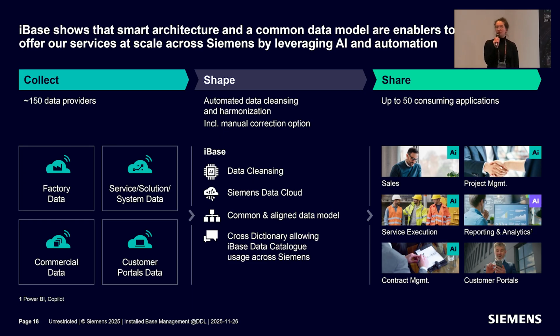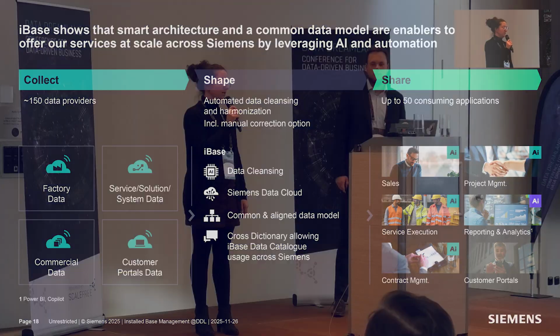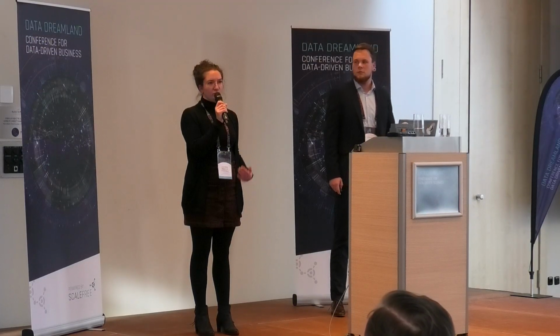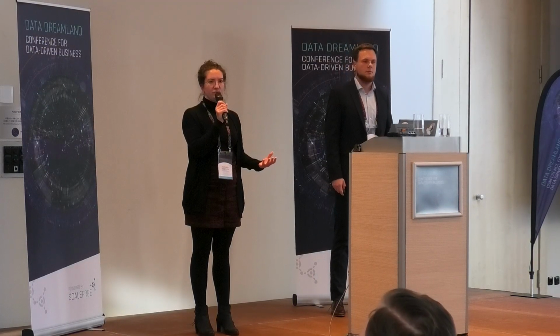At the end, we share that information with roughly 50 consuming applications from different data domains, from sales and service, where I think the benefits will be greatest, to project management and also reporting and analytics use cases. And of course, we also want to show the customer what he bought from Siemens.